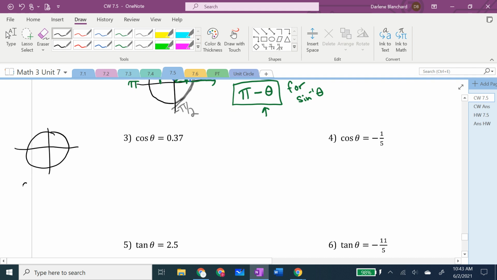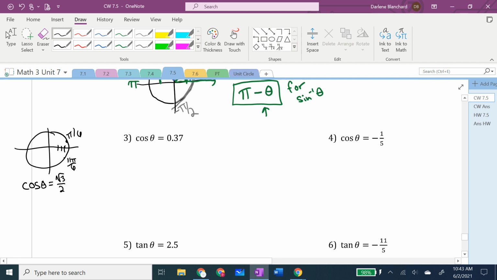So if you had, say, cosine theta is equal to root 3 over 2, you were looking at x-coordinate 1 over 2, root 2 over 2, root 3 over 2, and that took you to the angles pi over 6 and 11 pi over 6. That was, without a calculator, what you're expected to be able to solve.